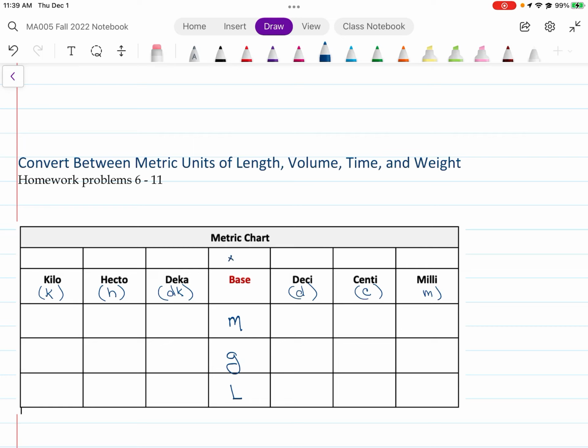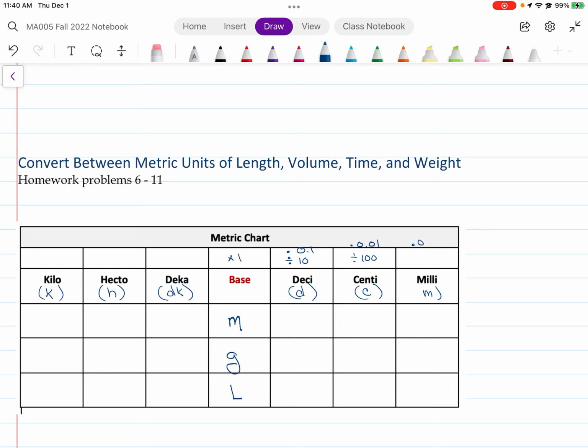Well, the base is times 1. Deci means times 0.1, or divided by 10. This one is times 0.01, or divided by 100, or 100 times less.